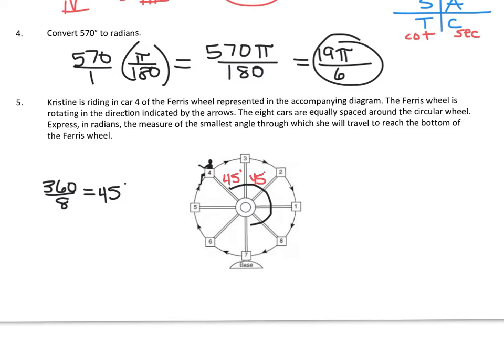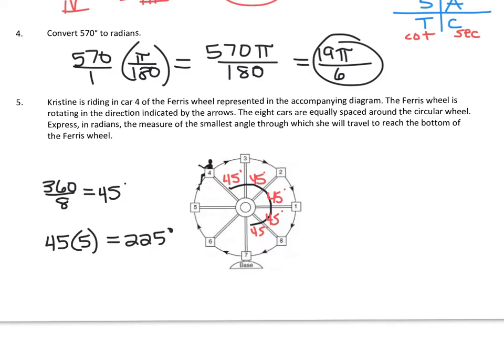Between car 3 and 2 is a 45-degree angle. Between each of these, there's a 45-degree angle. Okay? You don't have to write all this out. Basically, we have 5 45-degree angles. So if we take the 45 and multiply that by 5, we get 225. So she's traveled 225 degrees.